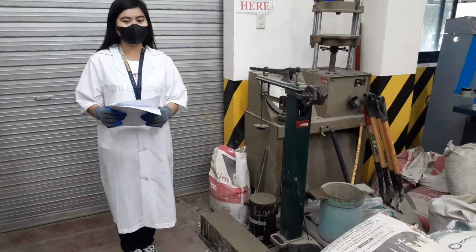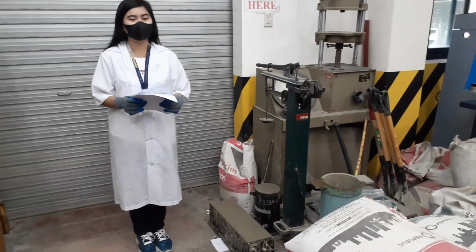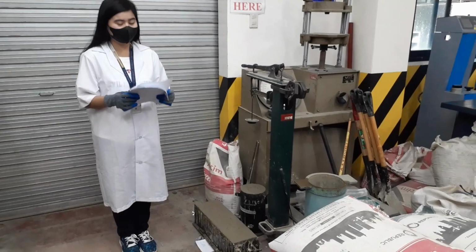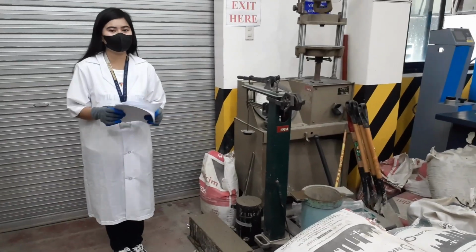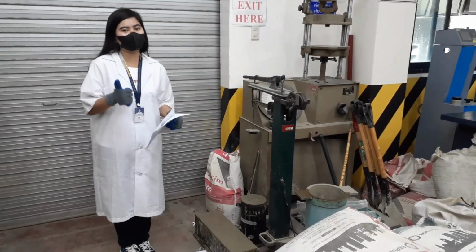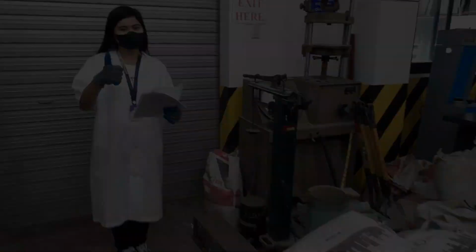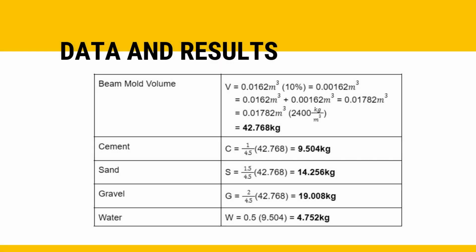And after the slump test, the slump height that we gathered is 3 centimeters or 1.2 inches, which passed the slump test. The data shows the results after solving for the required measurements for the mixture using the class ratio of 1:1.5:2 for the required amount of cement, sand, gravel, and water, and using also the value of the density of concrete.